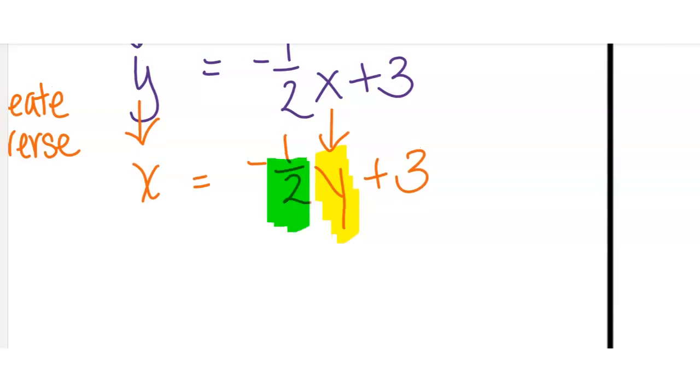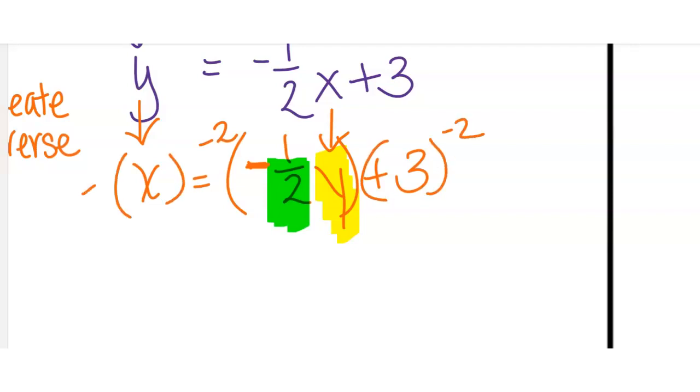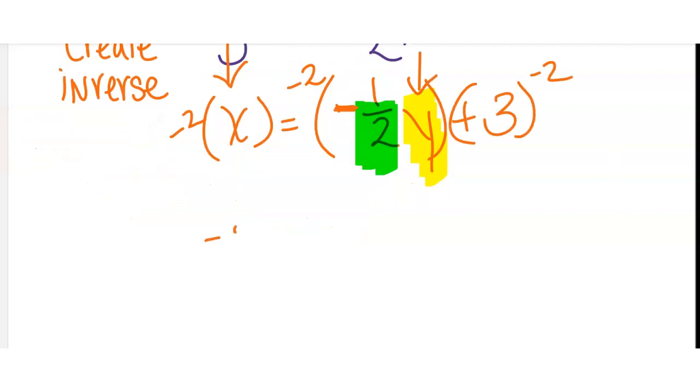So in this case, we have 2. Because there's a negative in front of it, we can multiply everything times -2, so we can get rid of that negative already. We've got -2x. These cancel. We've got 1y minus 6.